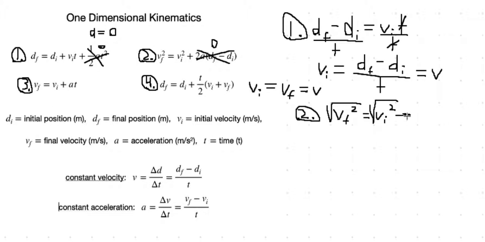So then we get vf is equal to vi. And that makes sense because we already discussed that if we have 0 acceleration, we have constant velocity. So the initial velocity has to be the same as the final velocity because velocity is not changing over time. So equation 2 is also valid for constant velocity. Okay, now what about equation 3?